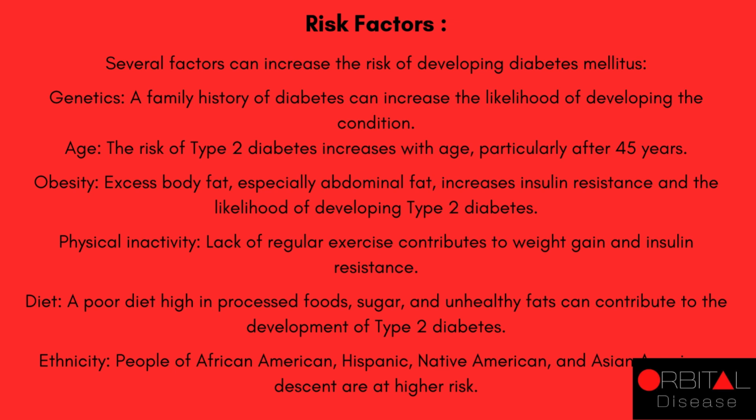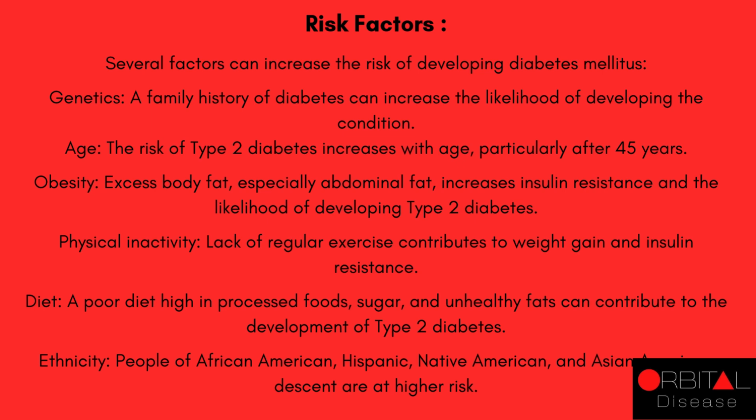Genetics. A family history of diabetes can increase the likelihood of developing the condition. Age. The risk of type 2 diabetes increases with age, particularly after 45 years. Obesity. Excess body fat, especially abdominal fat, increases insulin resistance and the likelihood of developing type 2 diabetes.